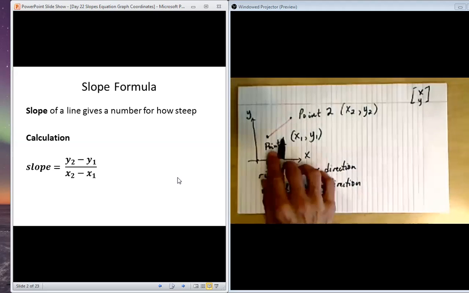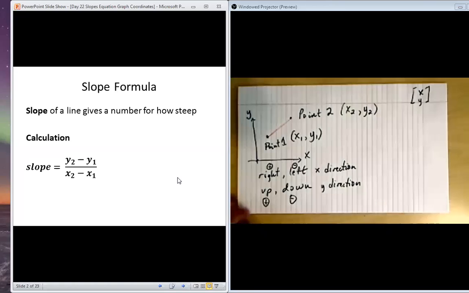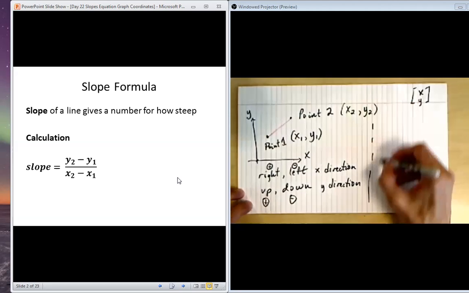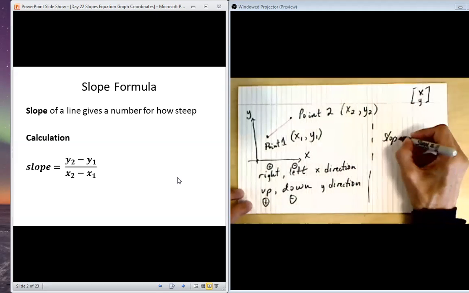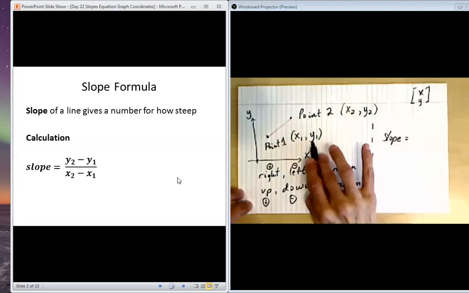And if we had some numbers, we could use the formula that we have there on the screen. We can do the calculating. The slope is, take the y value there and subtract the y value there.